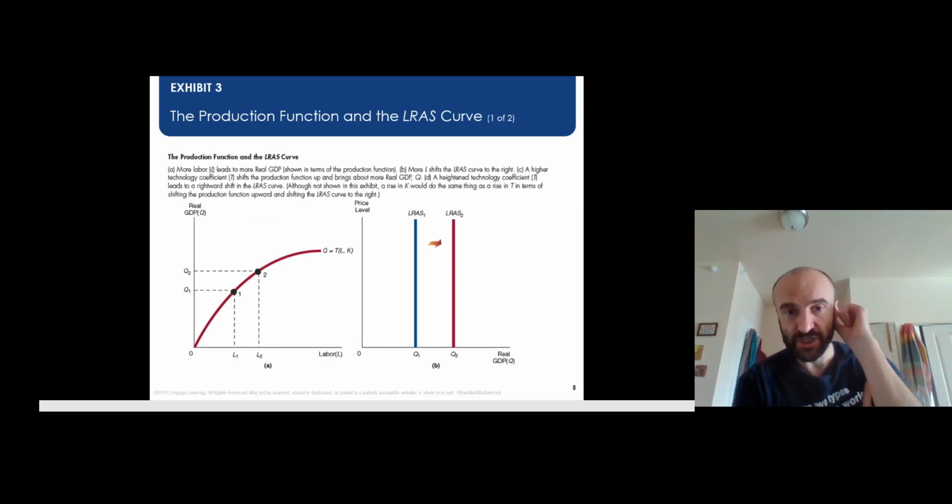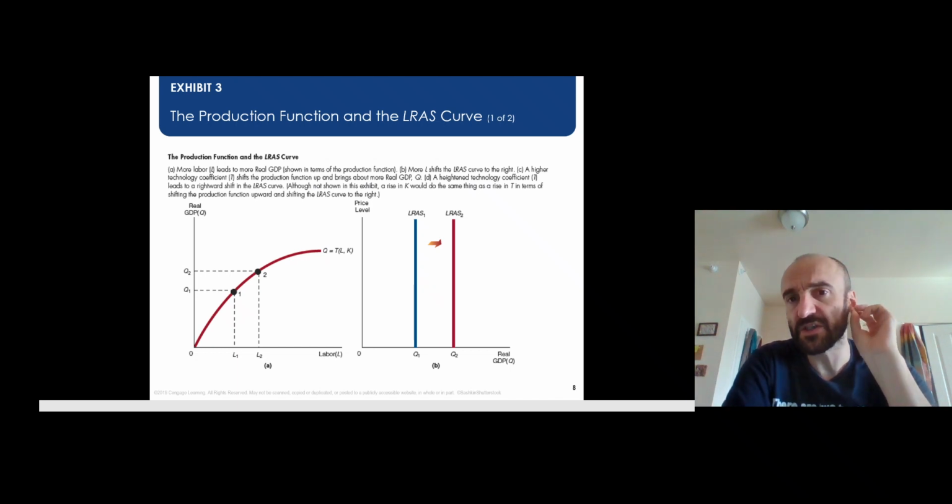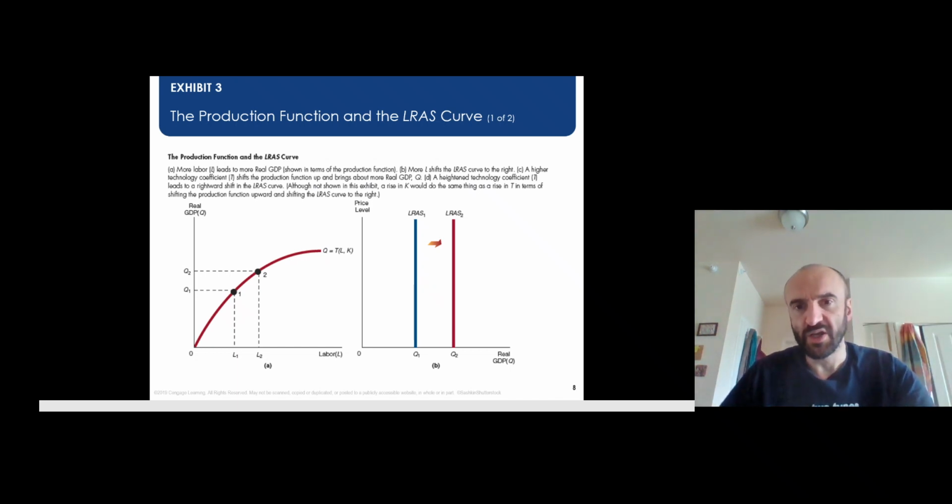So now, what is the relationship between changes in production? This is just one smaller technical point. It should be obvious, but I will just say it anyway.